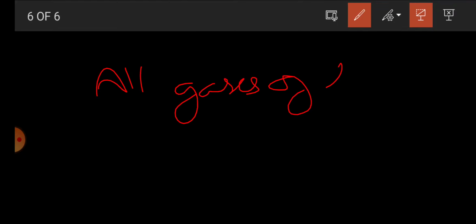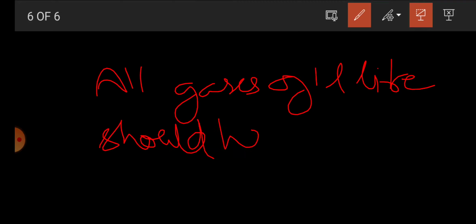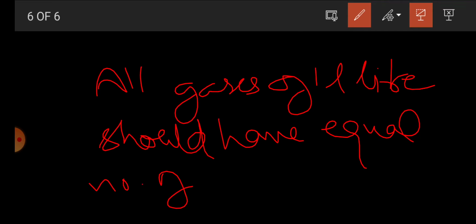So all 1 liters should have an equal number of molecules. All gases of 1 liter should have an equal number of molecules.